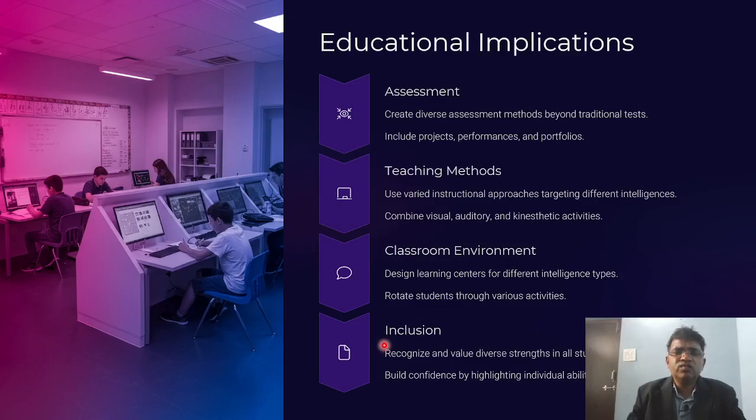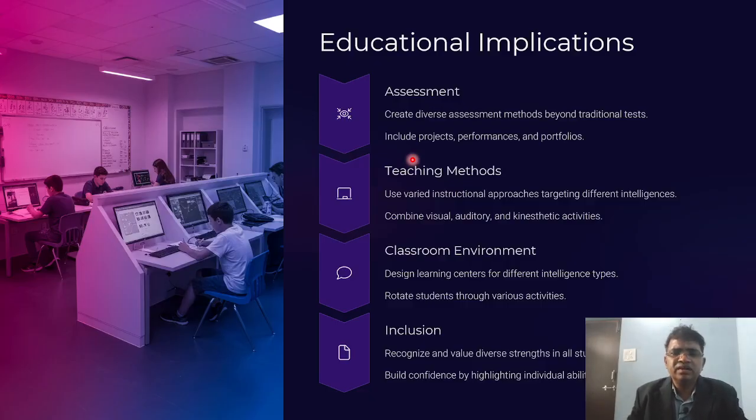Then what is the educational implementation of this? Assessment, teaching method, classroom environment, inclusion. Assessment: creating diverse assessment methods beyond the traditional test. Not only paper and pen tests, you can include projects, performance, portfolios. This is a modern way of assessment.